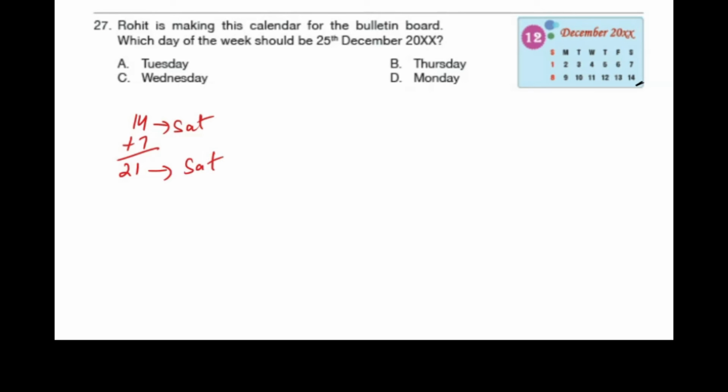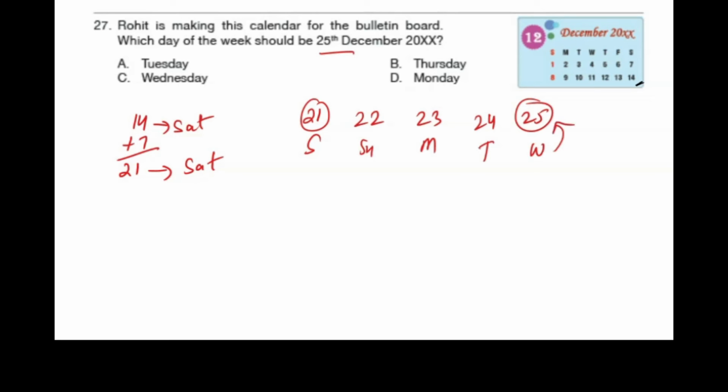Again will be Saturday. Then 25th. 21, 22, 23, 24, 25. It's Saturday, Sunday, Monday, Tuesday, Wednesday. So 25th of December will be Wednesday.